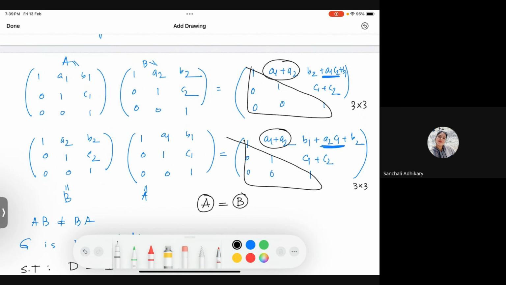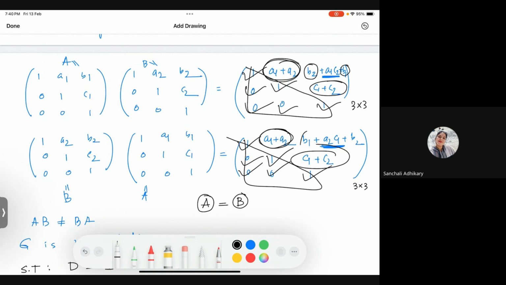Now observe, then we need to check that the corresponding entries are also the same. Here 1 is 1, here also 1 is 1. Okay, 0, here also 0, 0, 0, 0, 0. Here A1 plus A2, here also A1 plus A2. Here C1 plus C2, here also C1 plus C2. But here observe B1 plus B2, but here A1 C2 and here A2 C1.